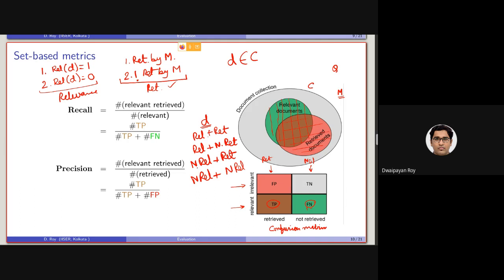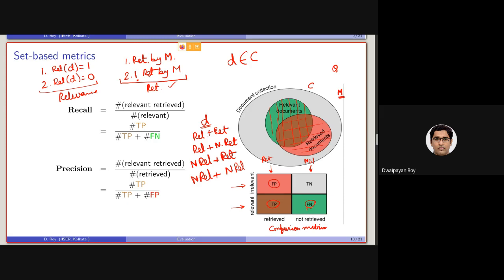Next is non-relevant but retrieved. That means the document was actually non-relevant, but the retrieval system M is predicting it to be relevant. That's why it is retrieving it. So that means it is true negative. Extremely sorry, it is basically this one, false positive.